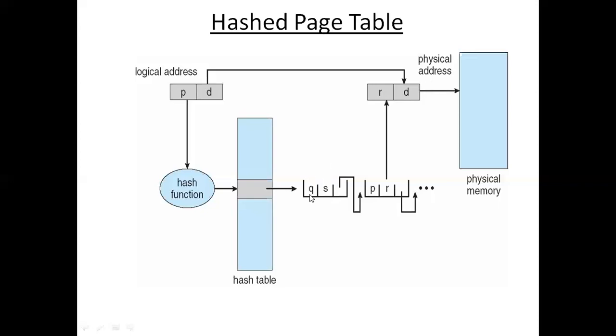But now I'm telling this is page number 1 and this is page number 2, and the logical address generated is of page number 2. So once the hash function is applied on page number 2, you're going to check if the hashed value of 2 is mapped to this particular frame number.